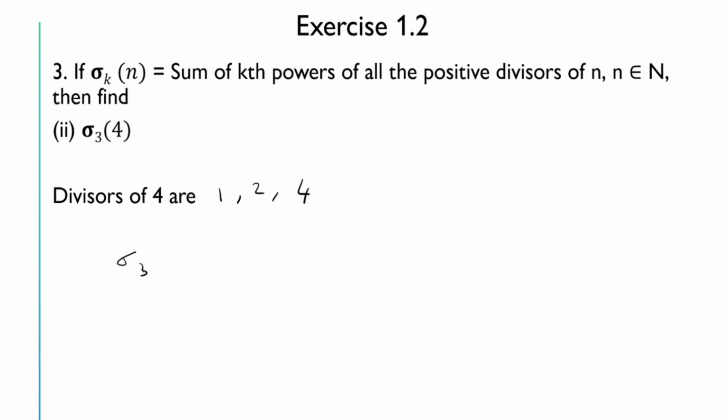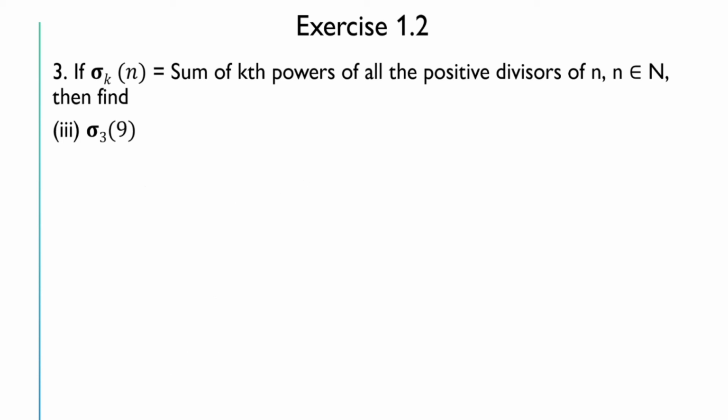So sigma 3 of 4 is the sum of the kth powers, that is 1 cube plus 2 cube plus 4 cube. So this is equal to 1 plus 8 plus 64, which is 73. So sigma 3 of 4 is 73.